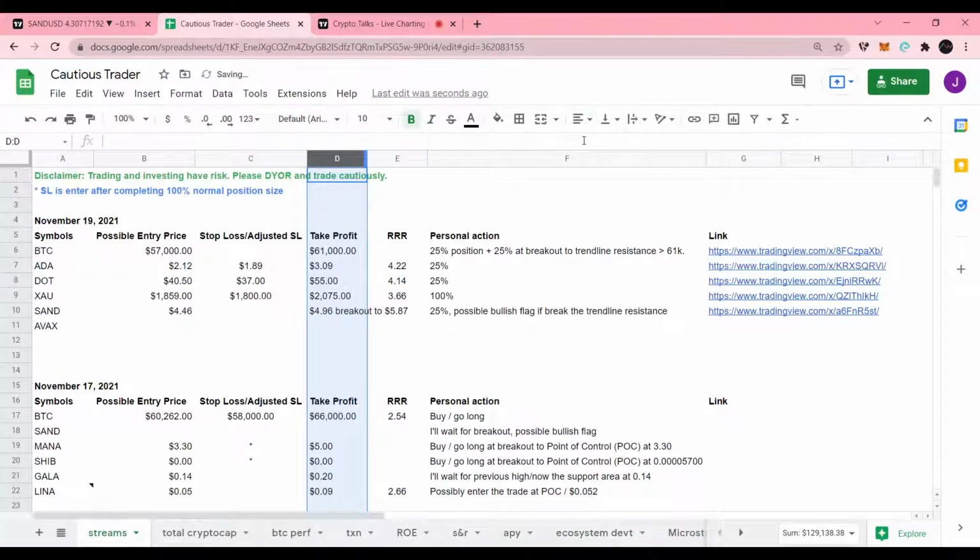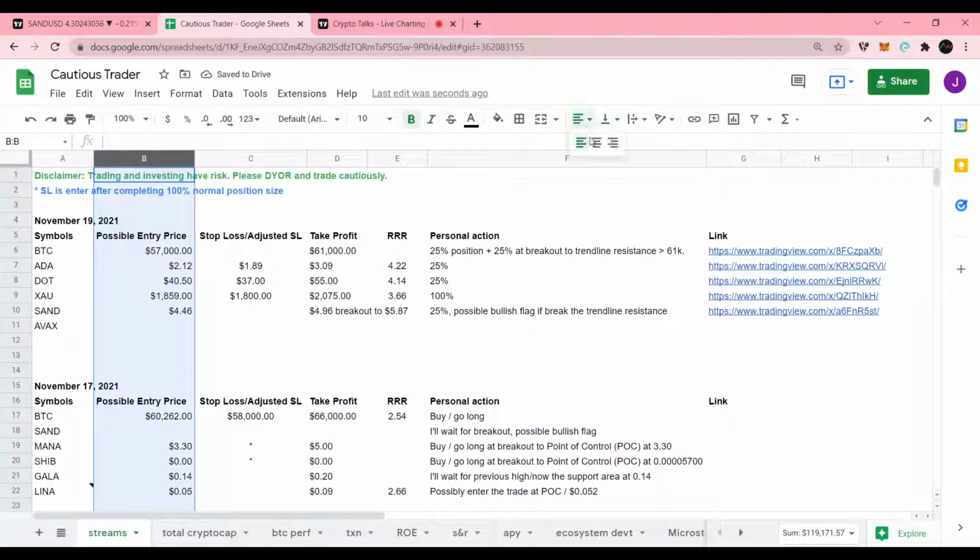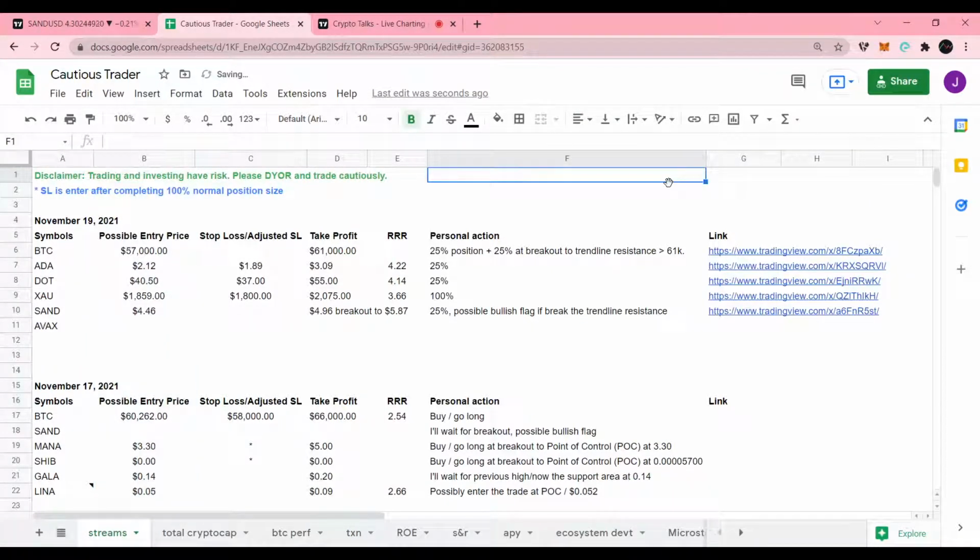Oh, maybe let's use that one there. And yeah, this enterprise at center. So I'll just leave it blank for the RR. Anyway, so avalanche.